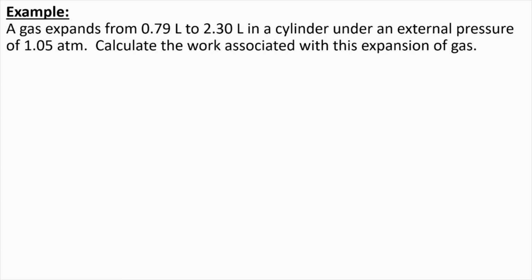So a gas expands from 0.79 liters to 2.3 liters in the cylinder under an external pressure of 1.05 atmospheres. Calculate the work associated with this expansion of a gas. We've just determined that work equals negative P times delta V, where delta V is the change in volume. And remember from honors chemistry, change in volume is final minus initial.